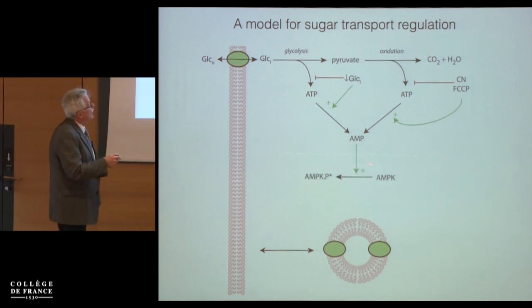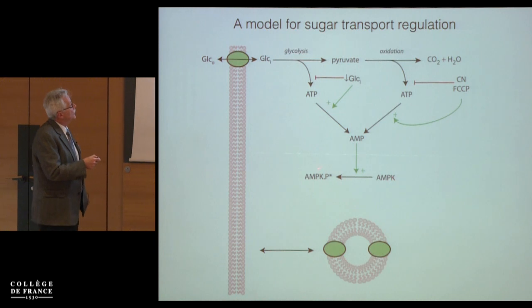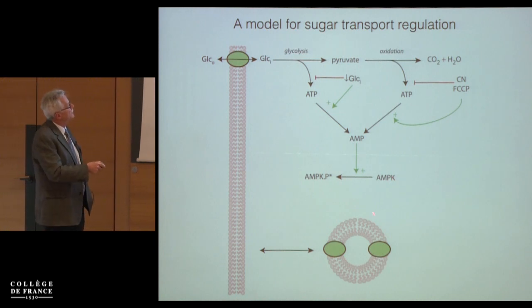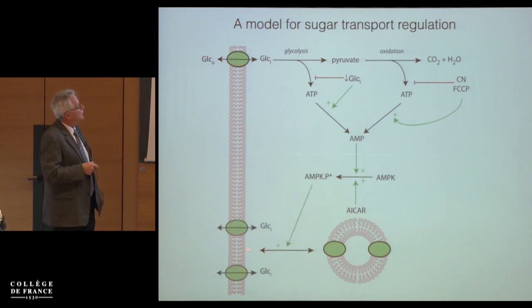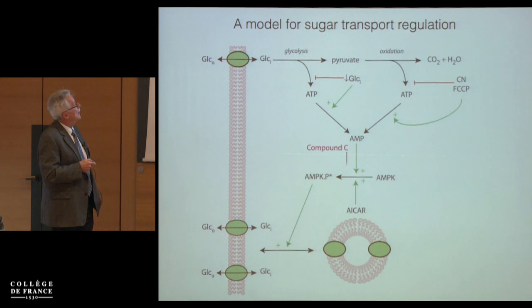Increased AMP levels result in the phosphorylation of AMPK, or ICAR will stimulate this, leading to translocation of intracellular GLUT1 to the cell surface. We can inhibit this effect with compound C or by AMPK knockdown.